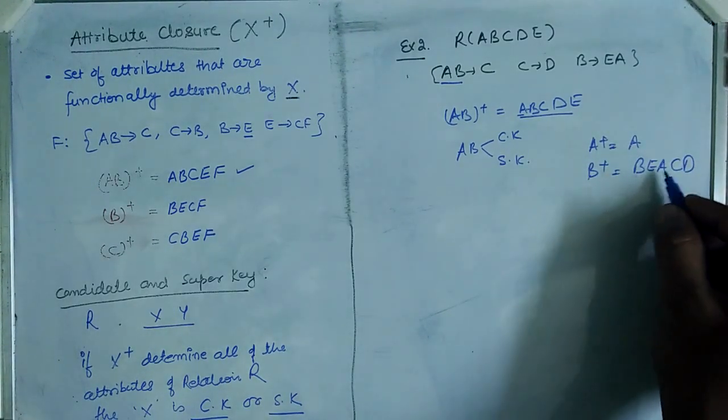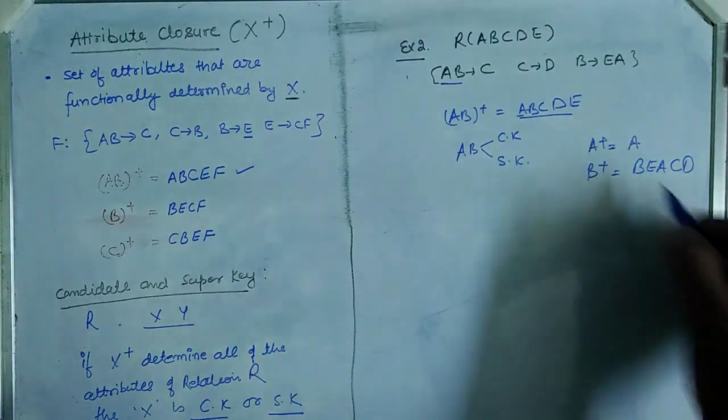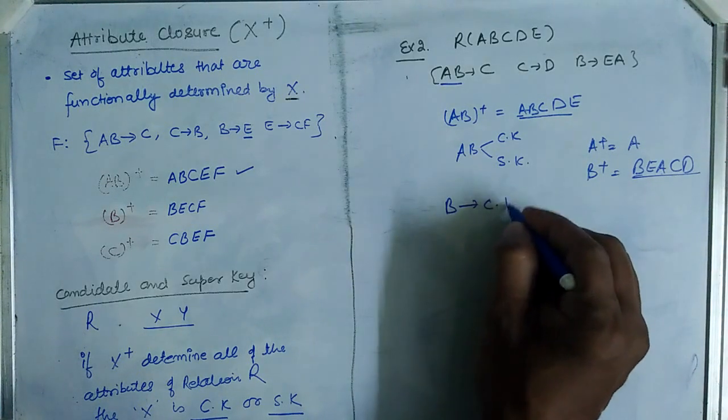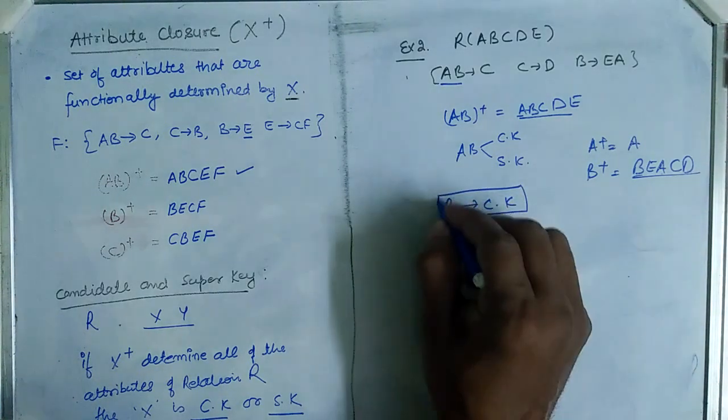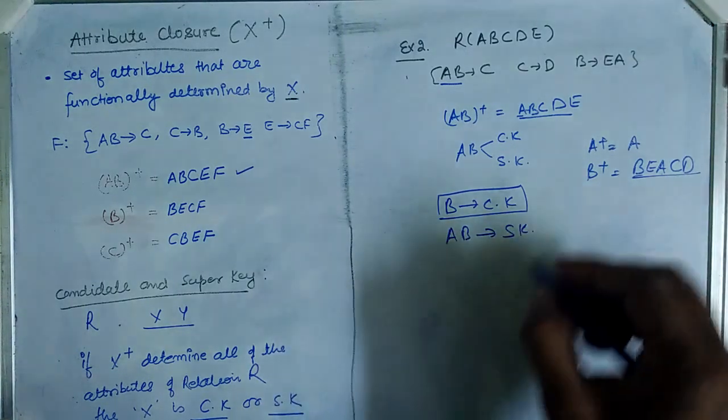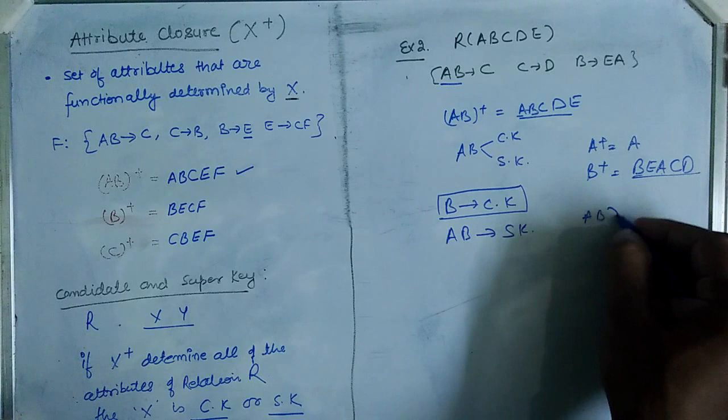So here A, B, C, D, E, all the attributes are covered. It means B can be a candidate key. If B is a candidate key, then AB is a super key because AB is a superset of B.